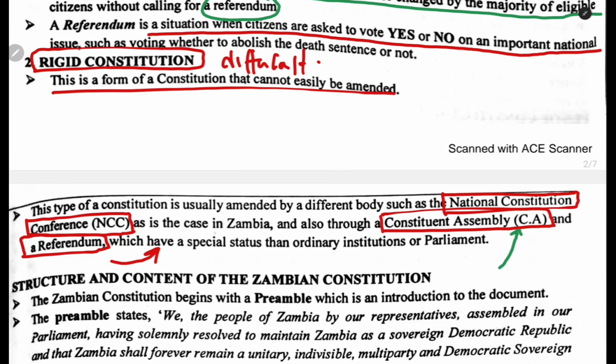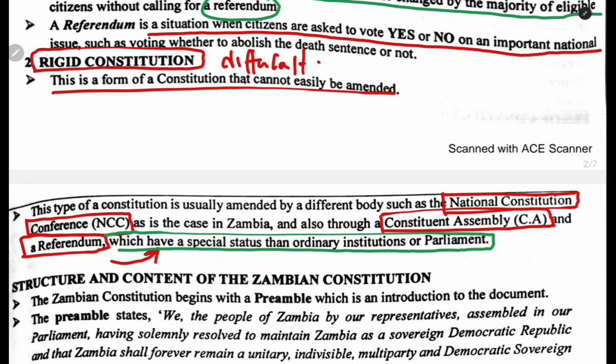It is amended by the National Constitution Assembly, the Constituent Assembly, and the referendum, which have special status over ordinary institutions such as the parliament. I guess you've gotten the question: why is the rigid kind of constitution not representative of the majority?